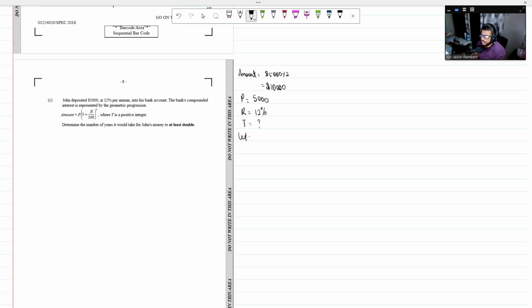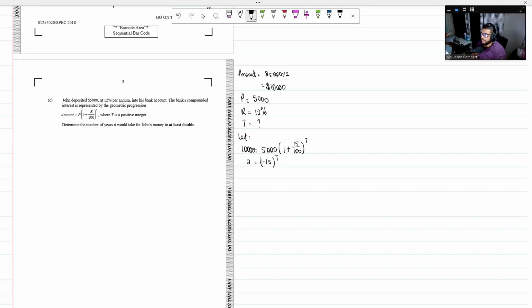So I'm going to let 10,000 be equal to 5,000 into 1 plus 12 over 100 raised to the power of t. Divide both sides by 5,000. I'll get 2 is equal to 1 plus 0.12, which is 1.12 raised to the power of t.